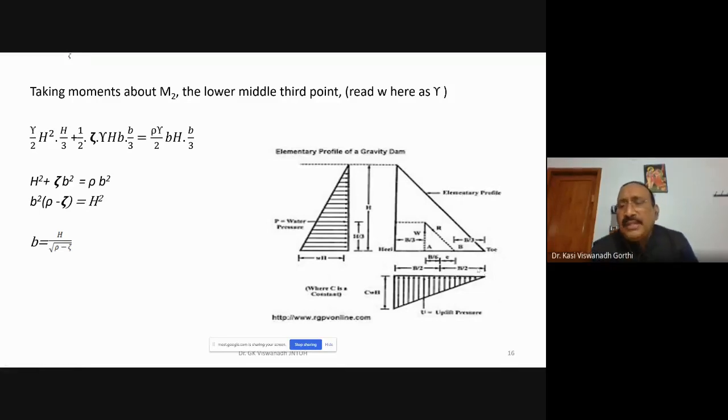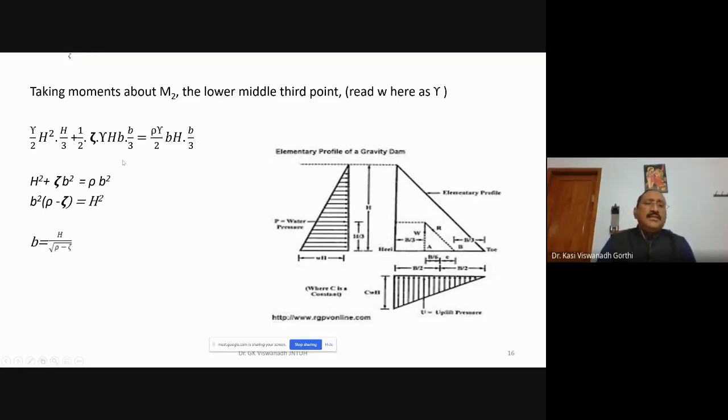Conveniently, you may take the moments with respect to M2, the lower middle third point. Then you will get the water pressure multiplied by the lever arm h/3, then the uplift pressure multiplied by the lever arm b/3, and the self weight multiplied by the lever arm b/3.